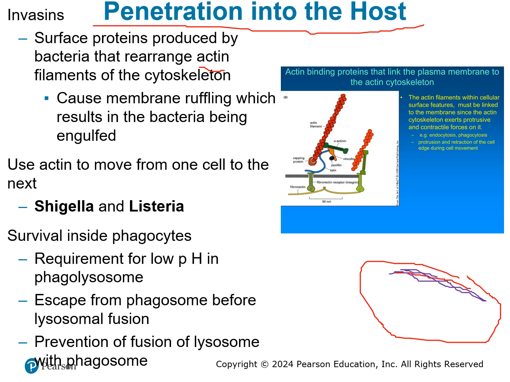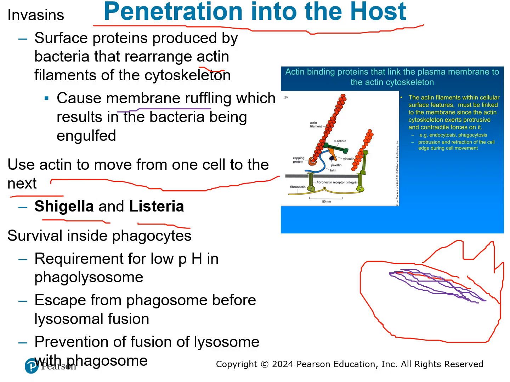Remember we looked at the video with the cytoskeleton? So actin filaments are part of the cytoskeleton. So it's going to rearrange and cause membrane ruffling. It's going to change the surface of the cell membrane, and then they're just going to be able to hop right in there. Okay, they use actin to move from one cell to the next.